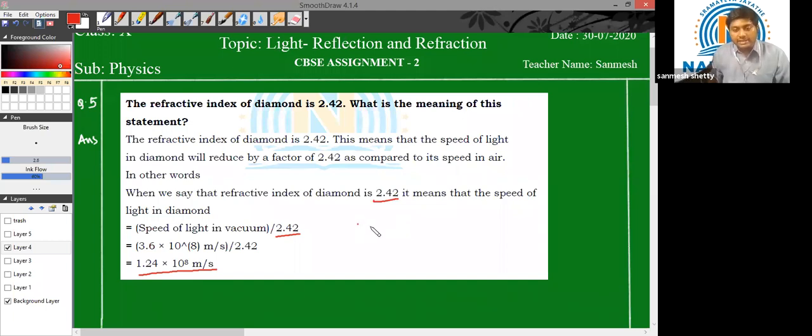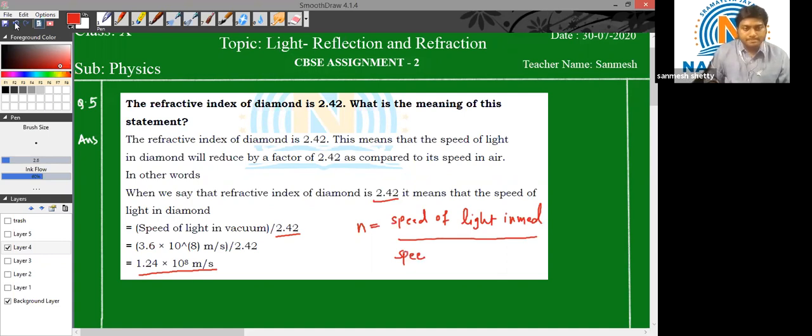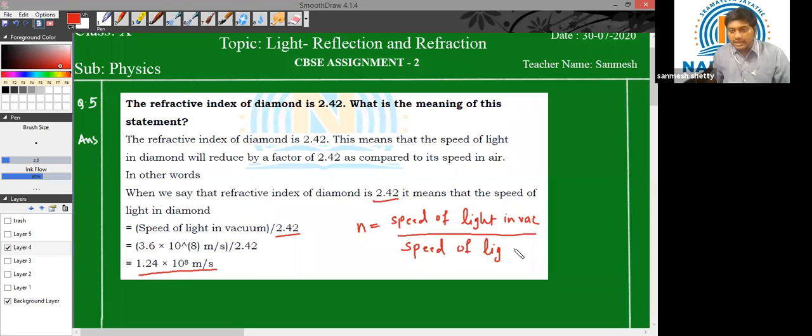Refractive index n is simply speed of light in vacuum divided by speed of light in medium.